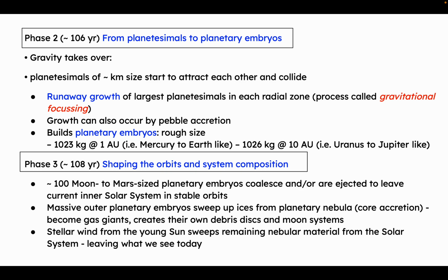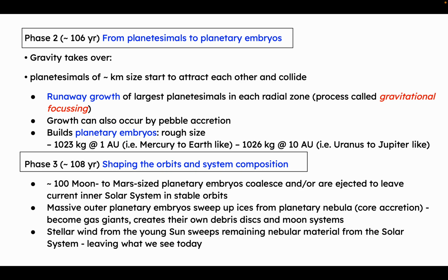About 100 moon to Mars size planetary embryos coalesce, and they are ejected to leave the current inner solar system in stable orbits. Massive outer planetary embryos sweep up ices from the planetary nebula, by core accretion, and become gas giants, and then accrete their own debris disks and the moon system.